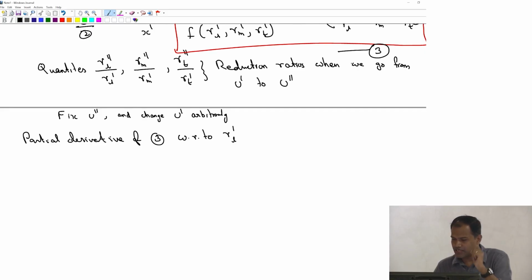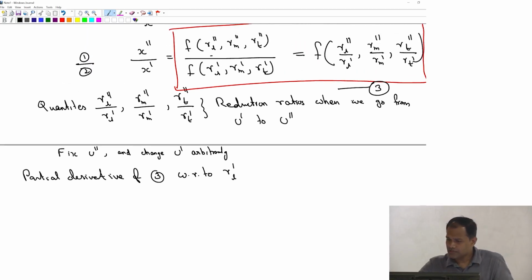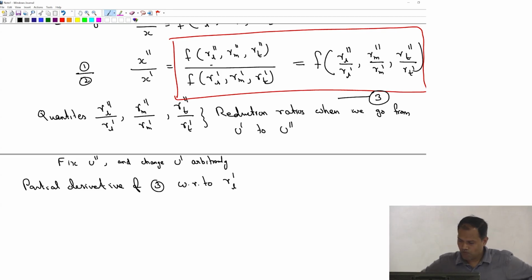Actually, I'll do it the other way. I'll keep u prime as the fixed quantity and u double prime as arbitrary, so that I can differentiate the double primed variables. You could do it either way. You'll see that it's just the inverse of the other.